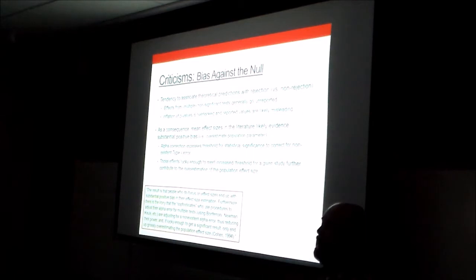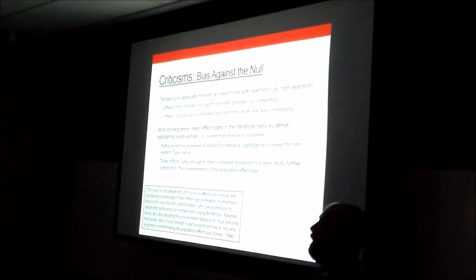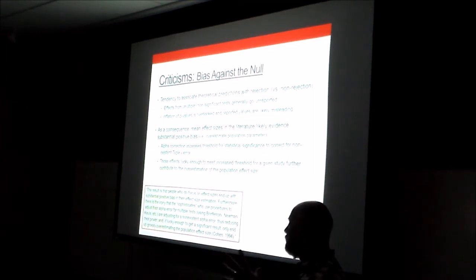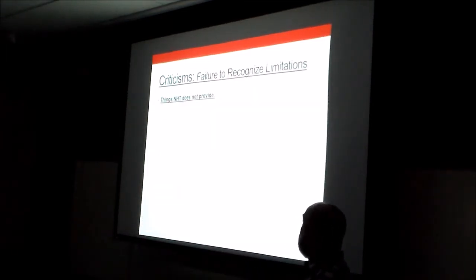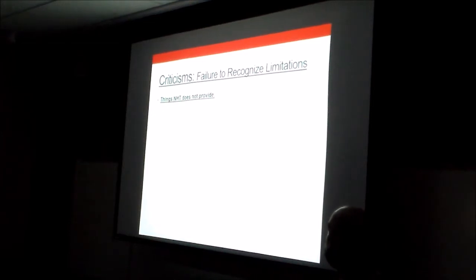Sometimes you could make the argument that all the efforts we go through to make things more rigorous and crank down that type 2 error actually systematically inflate the bias we see in the literature, overestimating the true effects we're looking for. Okay? So make sure you take a look at that Cohen paper and read through it closely.